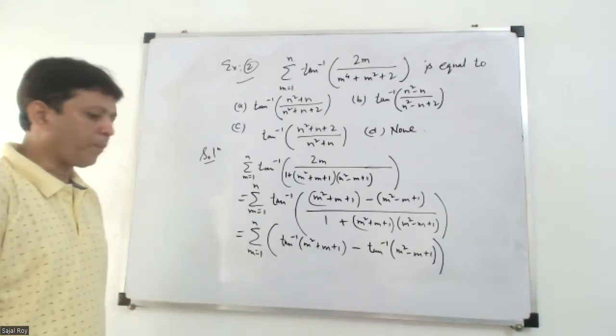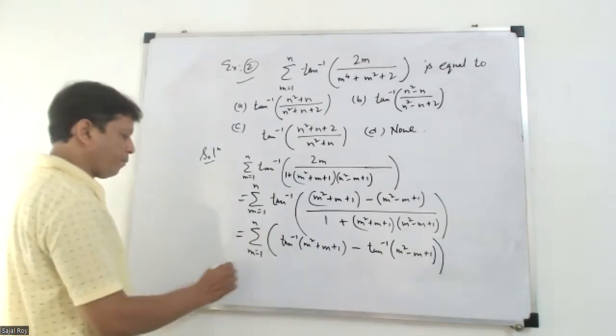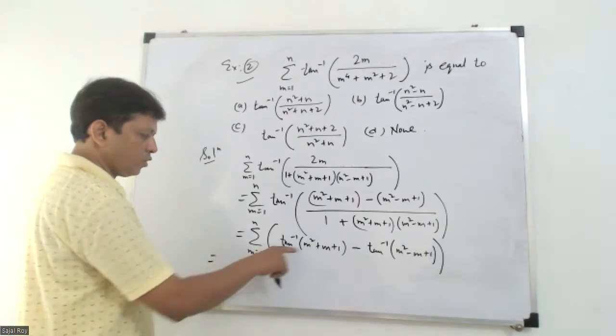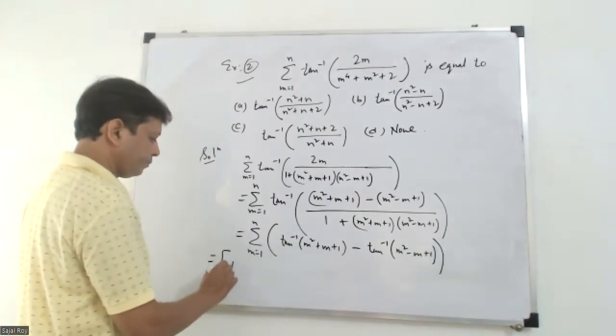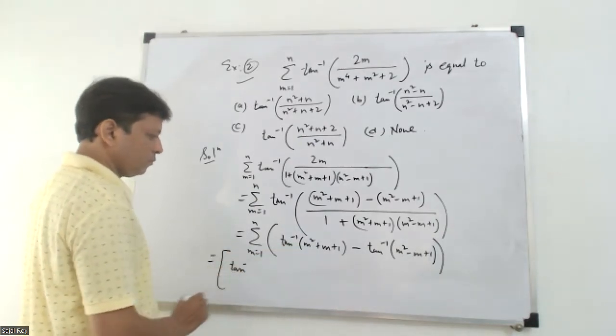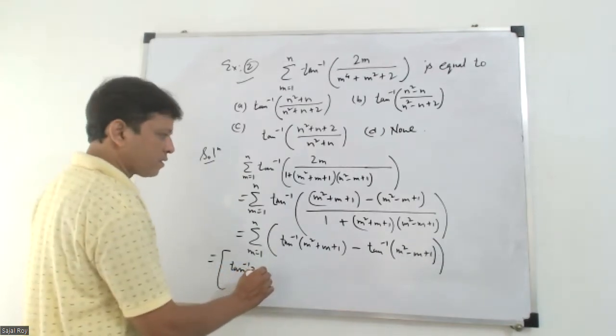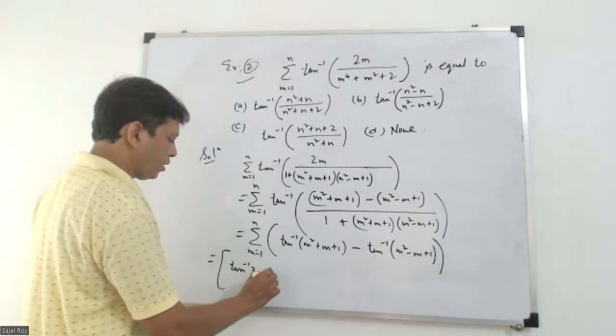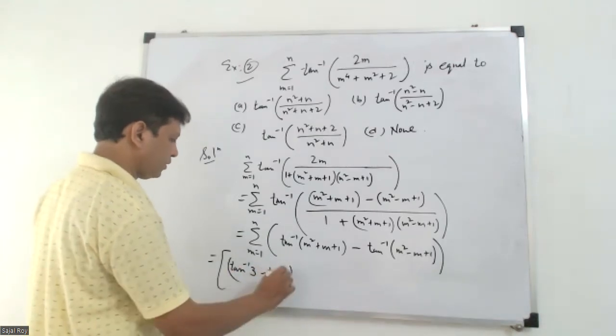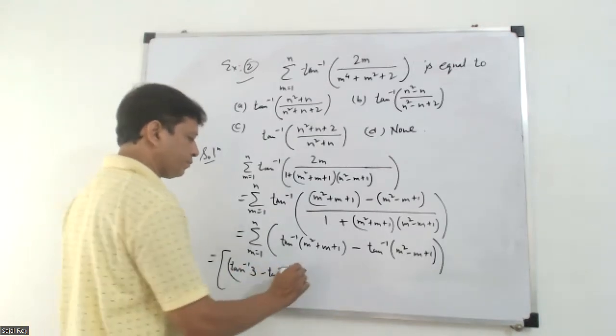Now replace your m by 1. So what is the first term? Tan inverse 3 minus tan inverse 1. What is the second term?